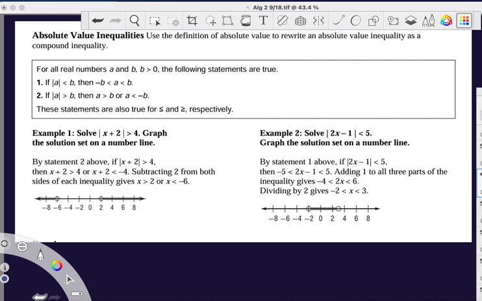This is the backside. This is the absolute value. Use the definition of absolute value to rewrite an absolute value inequality as a compound inequality.